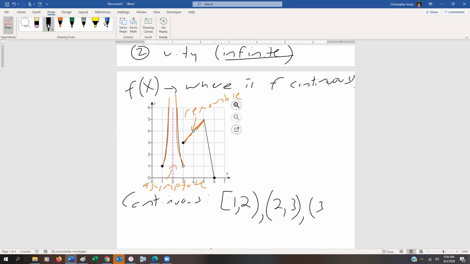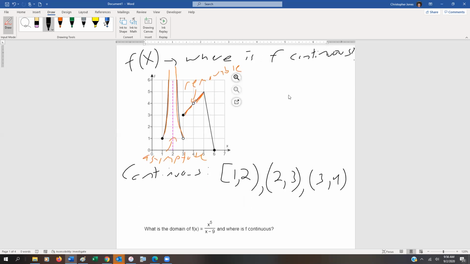All right, so we go from 3 to 4, and then finally, we don't have to lift up the pen at all. It just kind of goes there, and then it goes down to 6. But notice that the function is not defined at 4. So we still have to keep it undefined there. So it's not in the domain, or it's not continuous there. So this would be from 4 to 6, inclusive of 6.